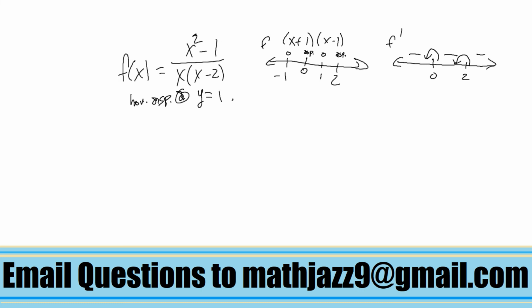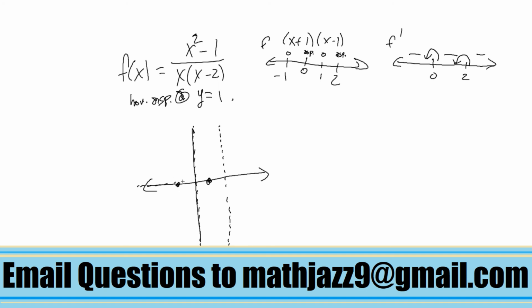Okay, so now we want to graph this thing. Here we go. So we have our graph. We know that we have an asymptote at 0 and at 2. We have a root at 1, another root at -1.